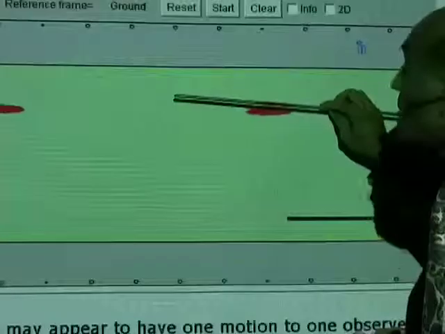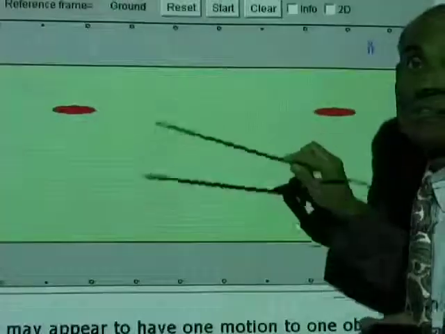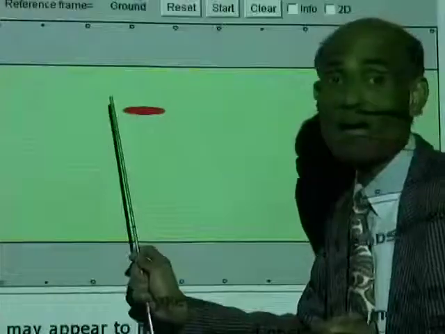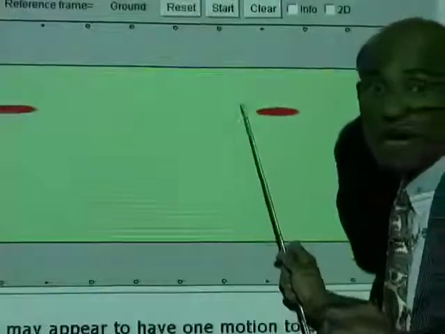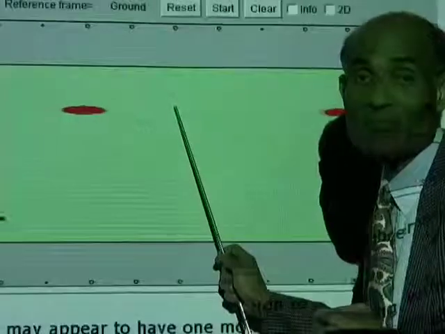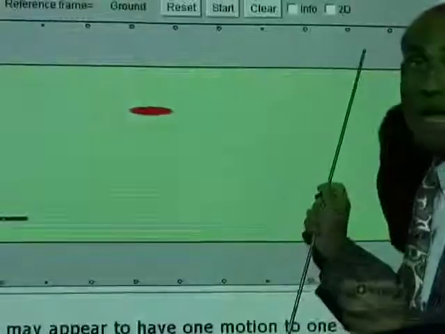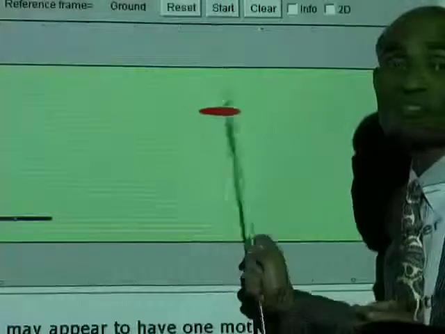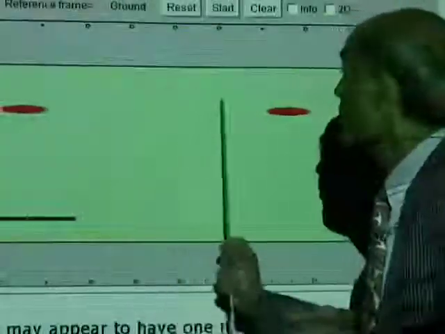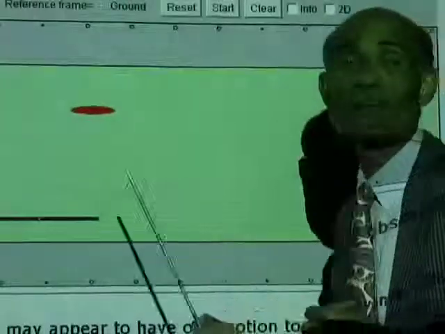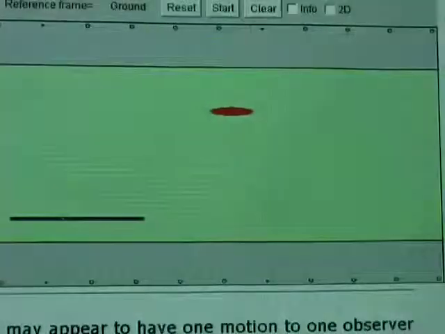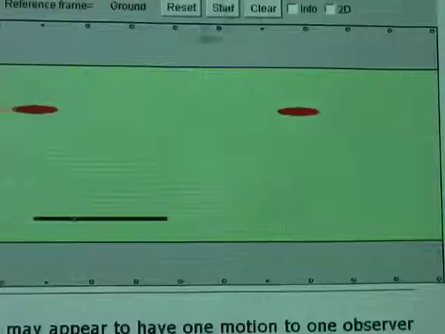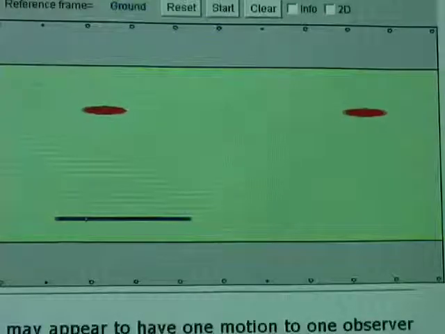That means you got to apply the same to the boat. The boat will now have a velocity 5 meters per second down and 1 meter per second up. So the man will measure the velocity of the boat as 5 minus 1, that is 4 meters per second i. There you are. Let's go and bring the man to a stop.